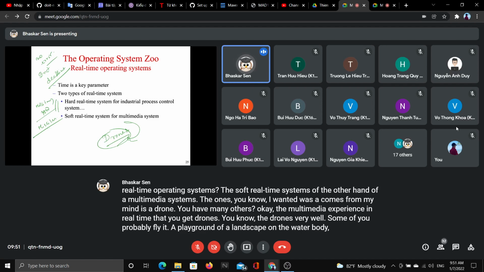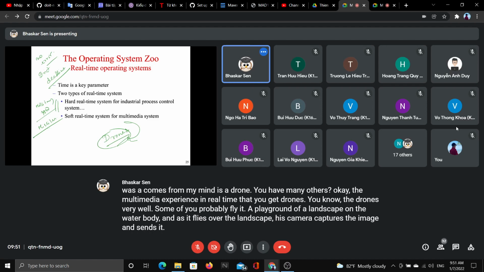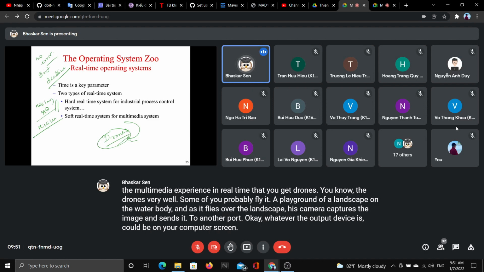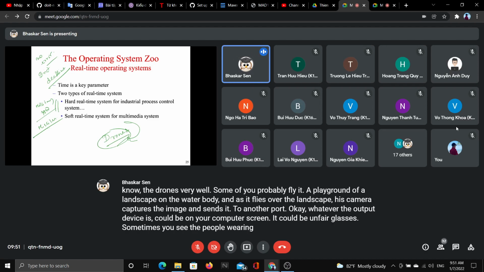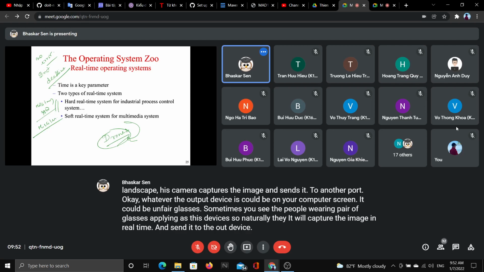As it flies over the landscape, its camera captures the image and sends it to another port, whatever the output device is. It could be on your computer screen, it could be on a pair of glasses. Sometimes you see people wearing a pair of glasses while flying these devices. So naturally, it will capture the image in real time and send it to the output device.